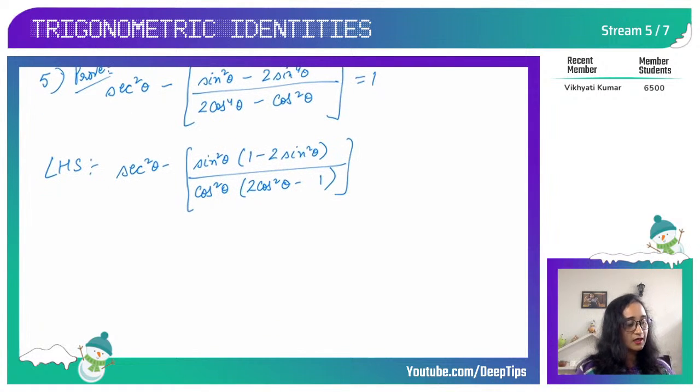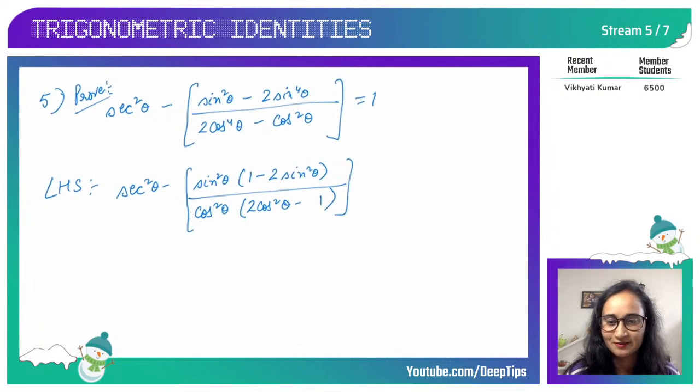Now children, again I'm still confused about what to do. It's still not giving me any clue how to go about it. Shall I write sine square theta by cos square theta as tan square theta, or do something else? This is the problem that we face, because this is a 4 marks question.